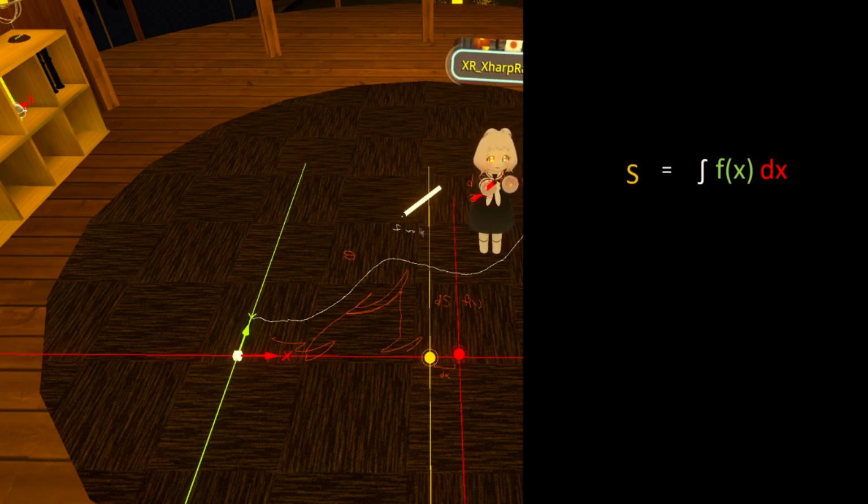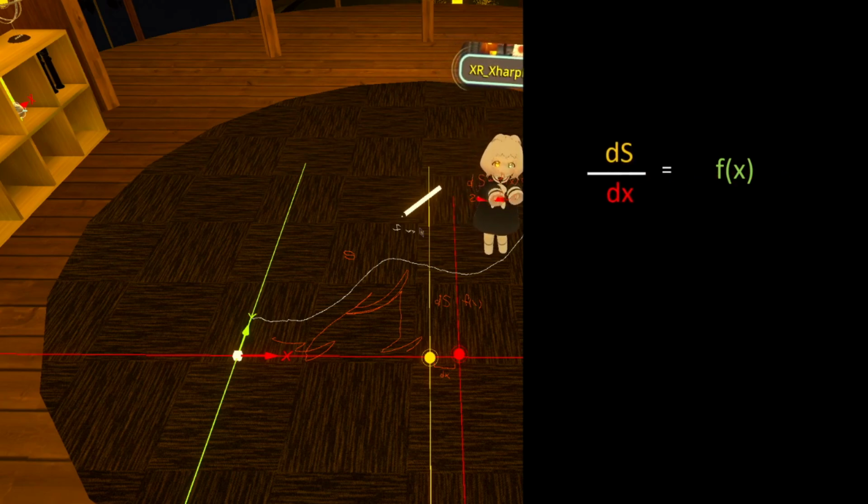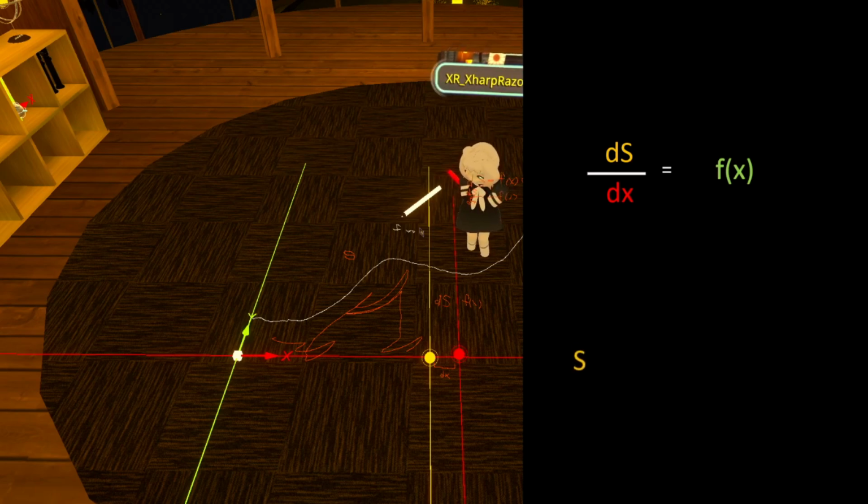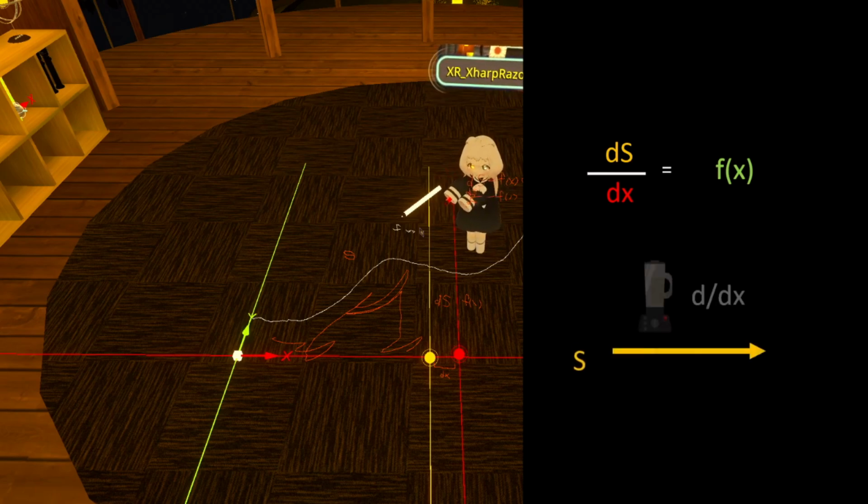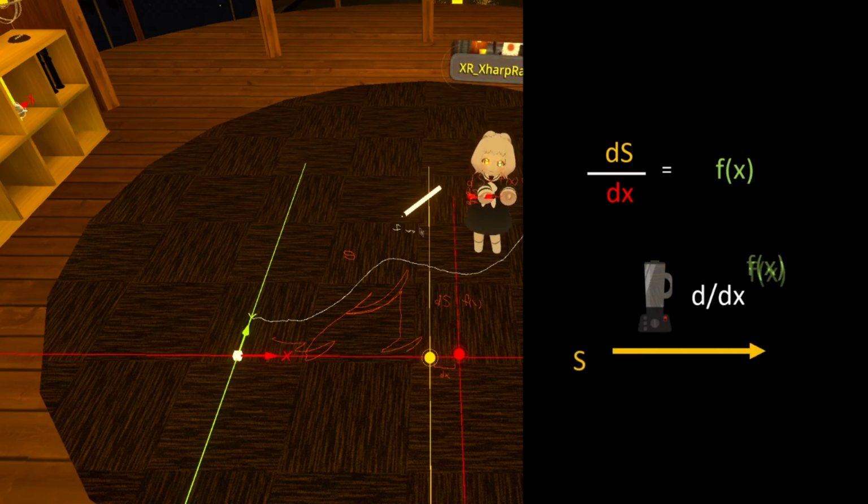So this is one of the reasons why when you take the integral of a function, you will get the surface. Now, another easier way to understand is, if you rearrange this whole thing, you can get f of x is actually ds by dx, which means surface area got differentiated with respect to x, you will get f of x.